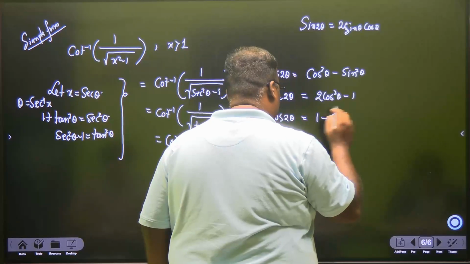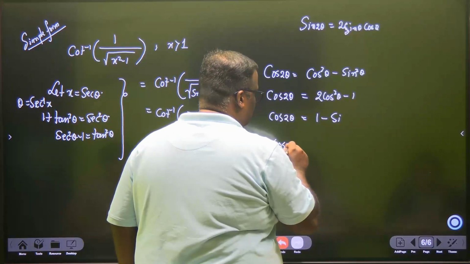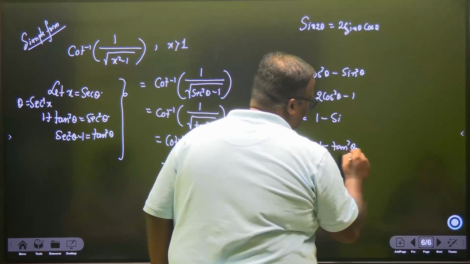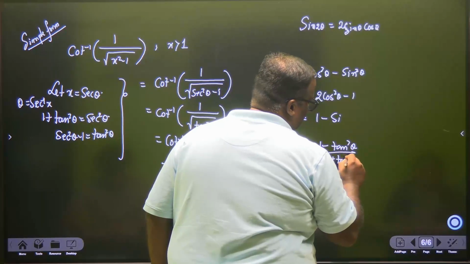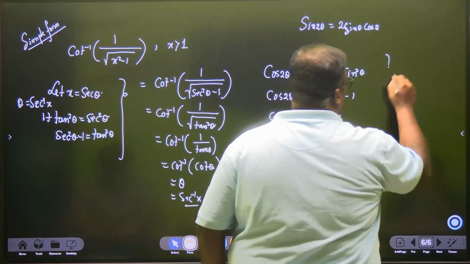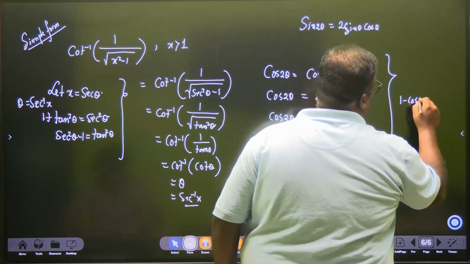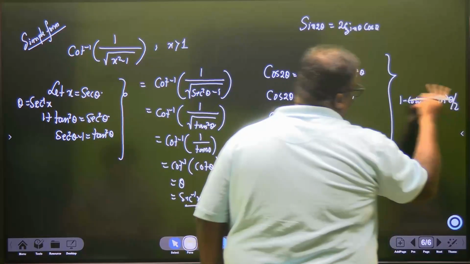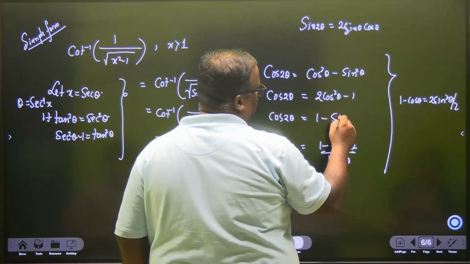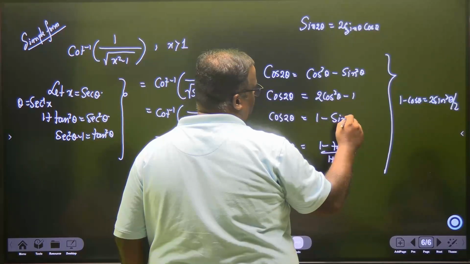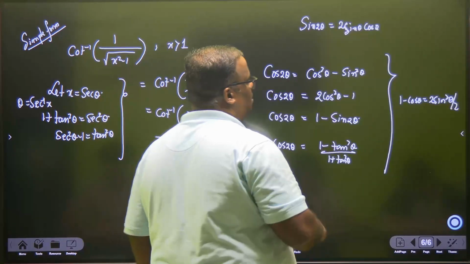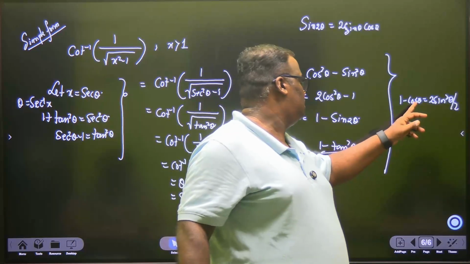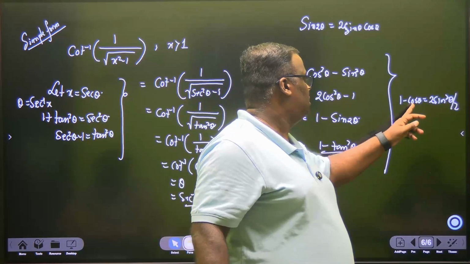Wait, cos 2 theta in terms of tan is 1 minus tan square theta by 1 plus tan square theta. Okay, this 1 minus cos theta is equal to 2 sine square theta by 2. Okay, from here it will come. Yes. Look at this formula. 1 minus cos theta is 2.